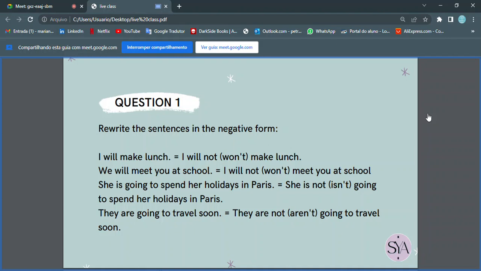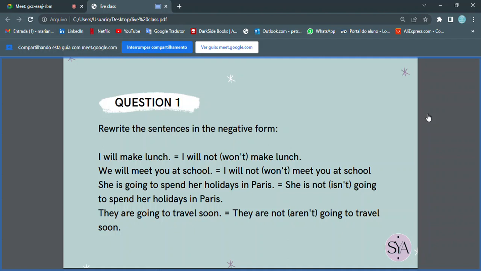So the first sentence we have is I will make lunch. And the negative form of the sentence is I will not, or you can use won't, the word that combines will and not. So the negative form is I will not make lunch or I won't make lunch.